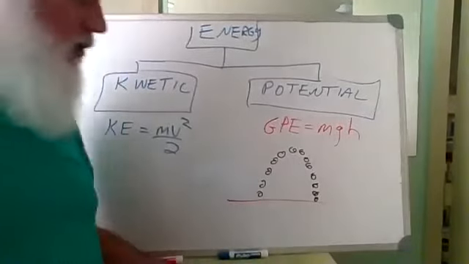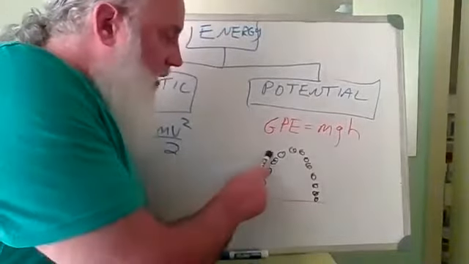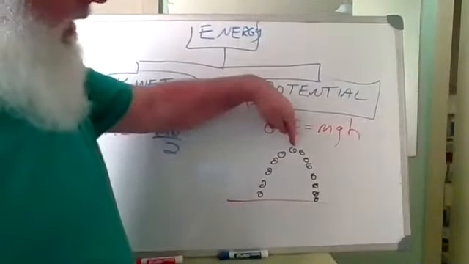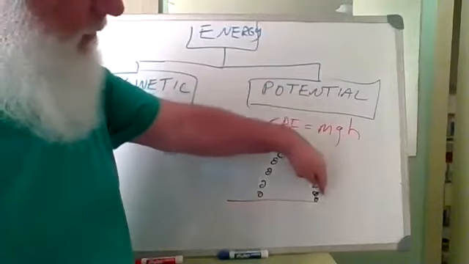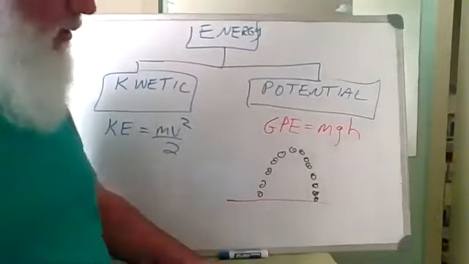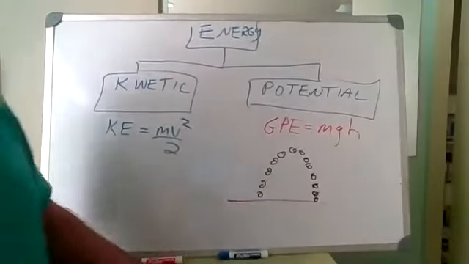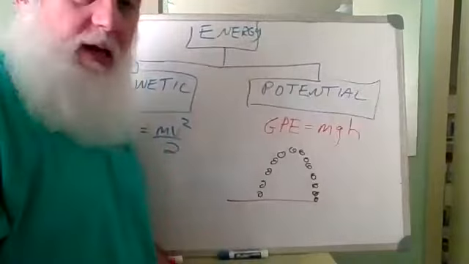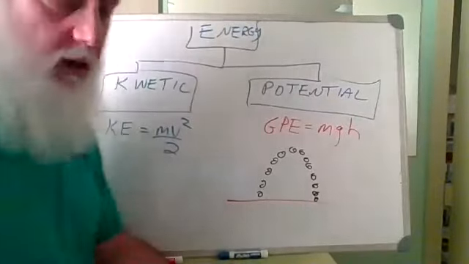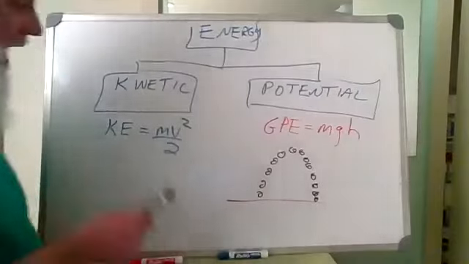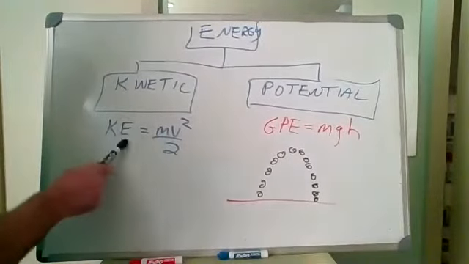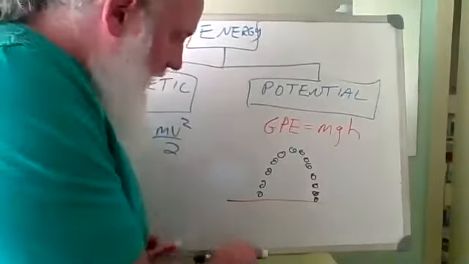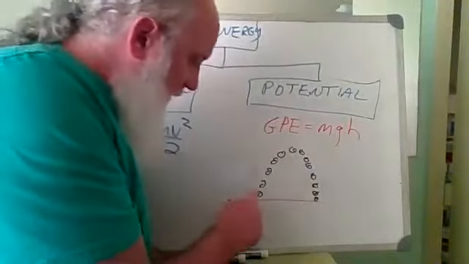So that's the gravitational potential energy. It gets higher as it goes up, reaches its maximum at its highest point in the air, and then starts to drop again. The potential energy gets smaller and smaller as it drops. Now, it must have taken some energy to get that ball up into the air, to leave the ground. So remember, as the ball is moving, it now has kinetic energy. Actually, let's write this down here.